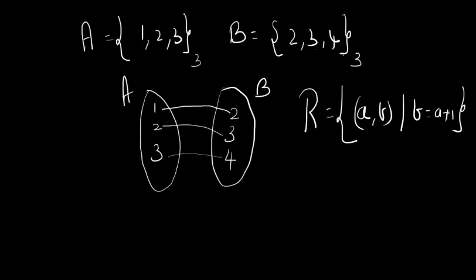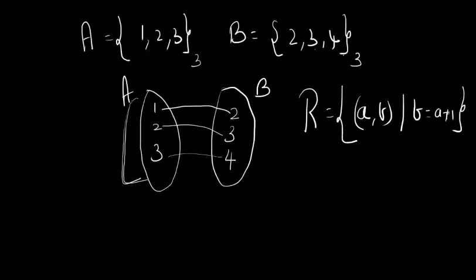Now in this particular relation, if you observe, all the elements from the first set have been connected to something or the other in the second set, and each is connected to a unique value. So these are the two conditions which need to be satisfied for a relation to become a function.